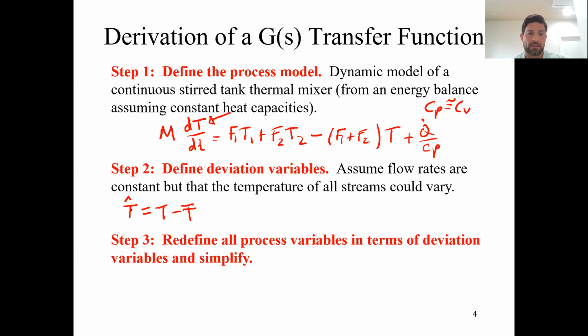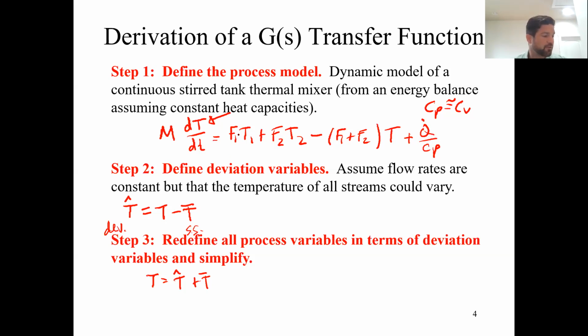T hat is the deviation, and T is just our variable temperature. In other words, T equals T hat plus T bar, so we defined our variable in terms of the deviation variable plus our steady state condition.